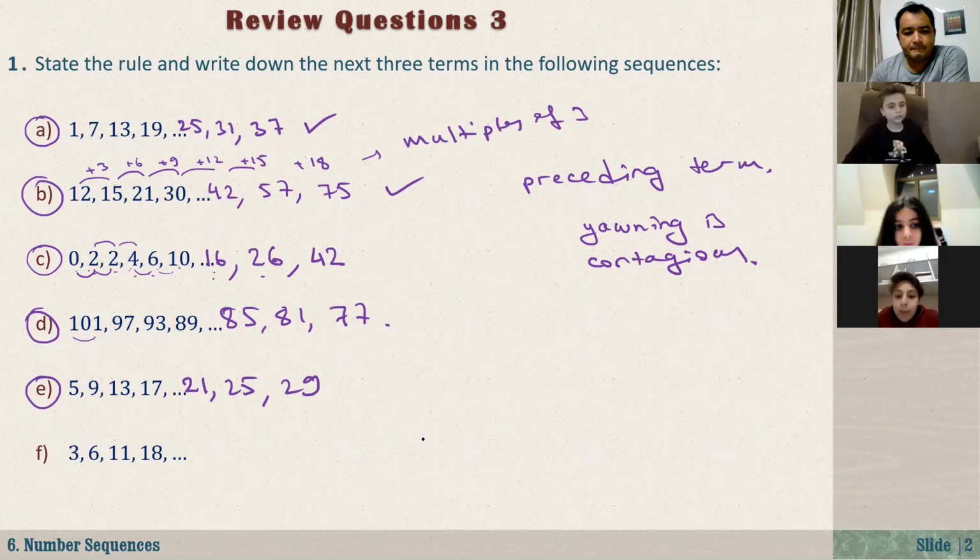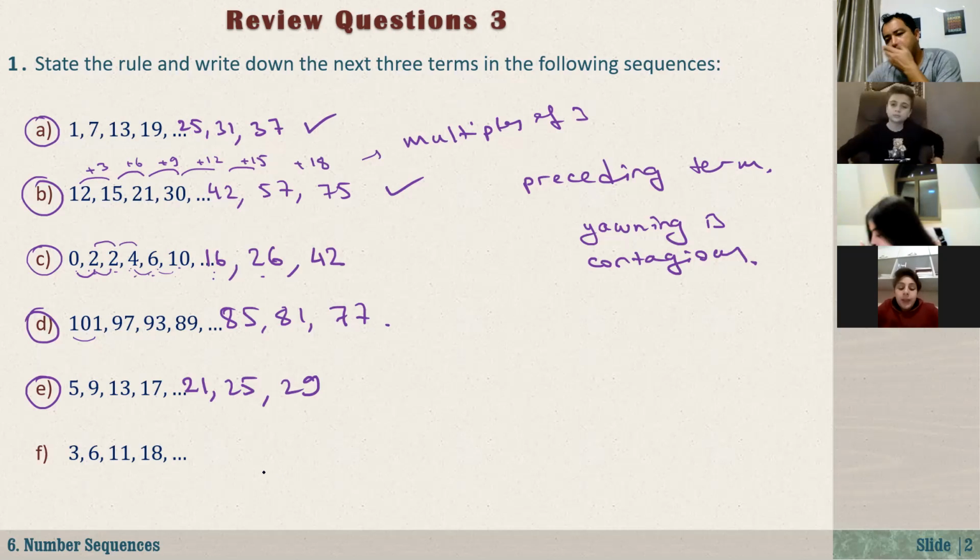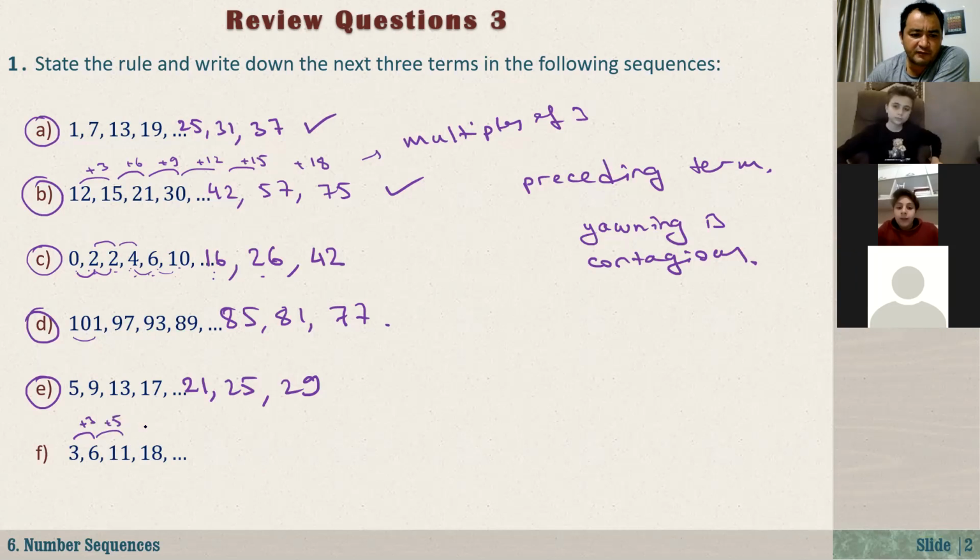Al-Akbar, how about F? Plus 3, plus 5, plus 7, plus 9, plus 11. Let's check this. This one is plus 5.